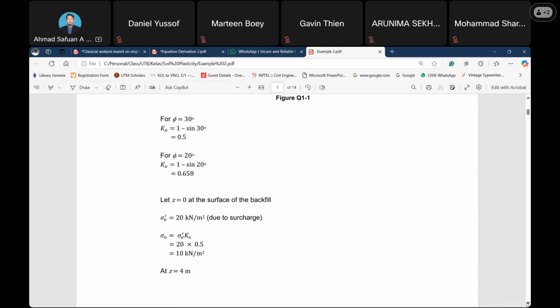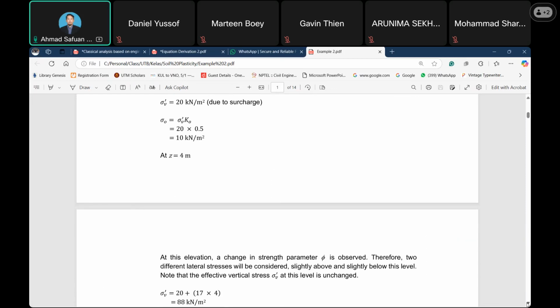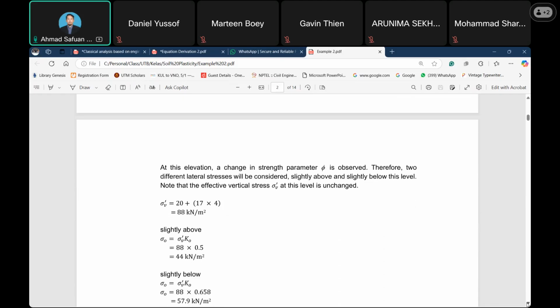Then we start to determine the initial value, the initial depth, which is Z equal to 0. The given effective vertical stress due to the surcharge is 20, which is then multiplied by K naught. At the depth of 4 meter, at this elevation, a change in the strength parameter is observed.